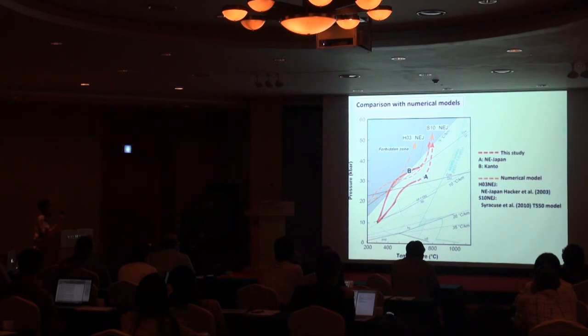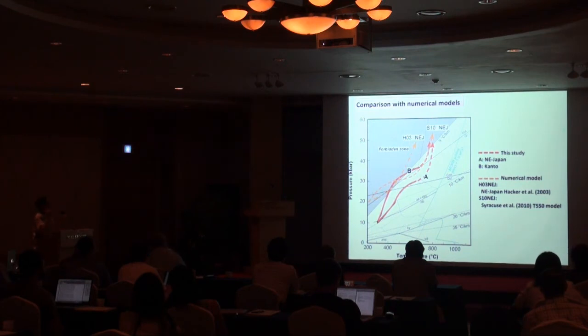The red curve is by this study. A is Northeast Japan and B is the Kanto area. The orange curves are from previous numerical models: H03 means Hacker 2003, and S10 means Syracuse 2010.